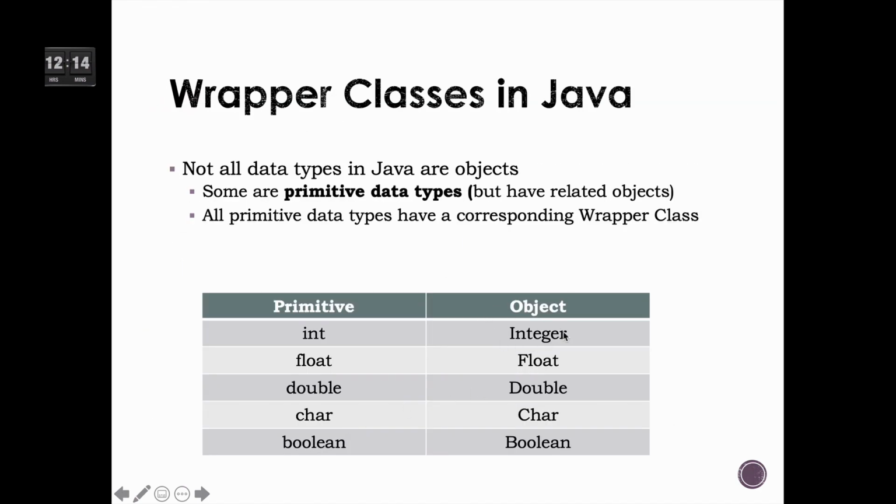So that's what the class Integer is. It is a collection of methods. It's a class which contains not only an int, but also a collection of methods that, for example, could be useful in converting one item of the class to another. So that's the idea of the wrapper classes.